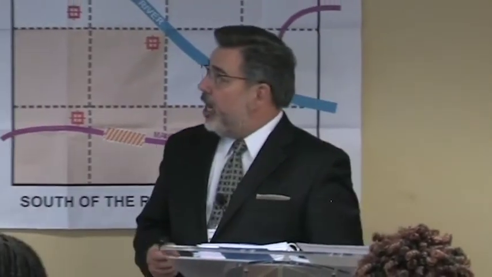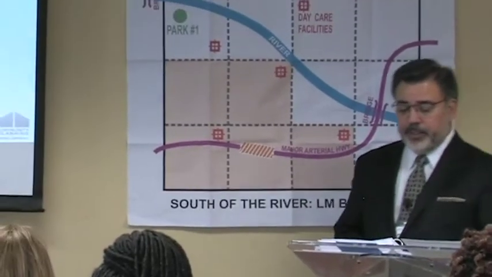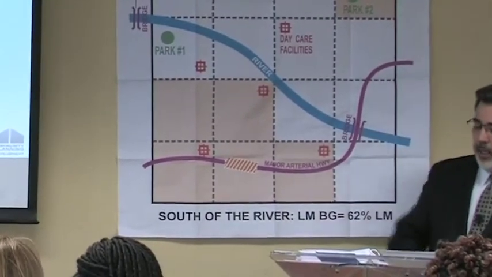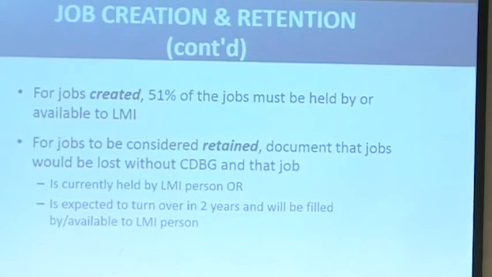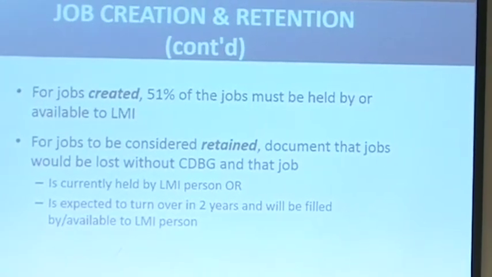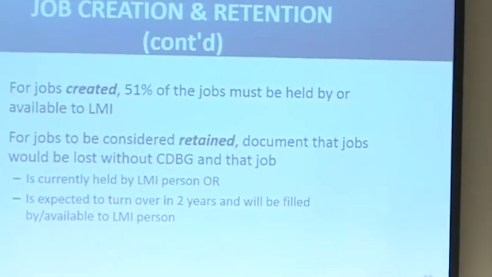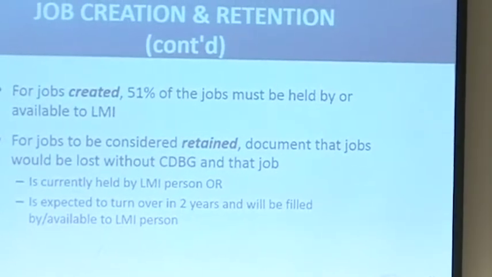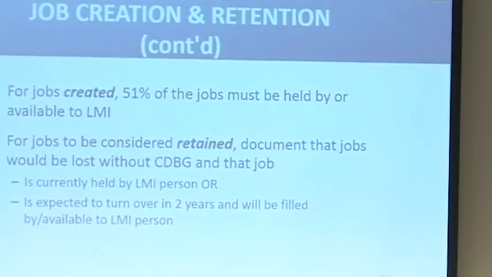For a created job, a minimum of 51% of the jobs must be held by, or made available to, low and moderate income persons. It is the responsibility of the business to document their income.